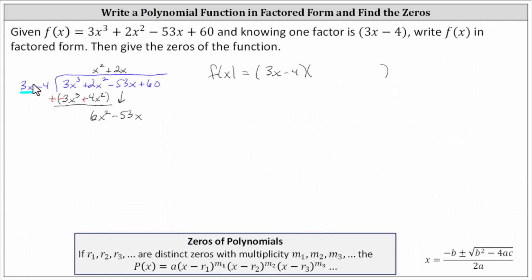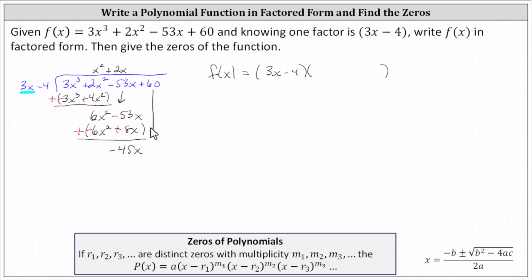which gives us 6x squared minus 8x, and now we subtract by adding the opposite. We change this to addition, and then inside the parentheses we have negative 6x squared plus 8x. The x squared terms add to 0, and negative 53x plus 8x is negative 45x.